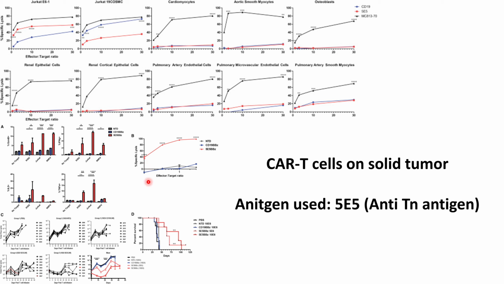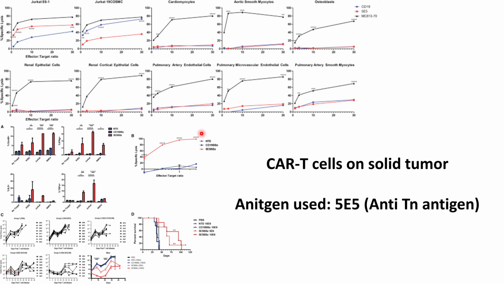Later on, they analyzed the percentage lysis of cells at different effector ratios, and in this case also they found that this 5v5, or in other terms they combined all this data, and also they used different effector to target ratios to see the effect of these CAR T cells on the tumor antigens.